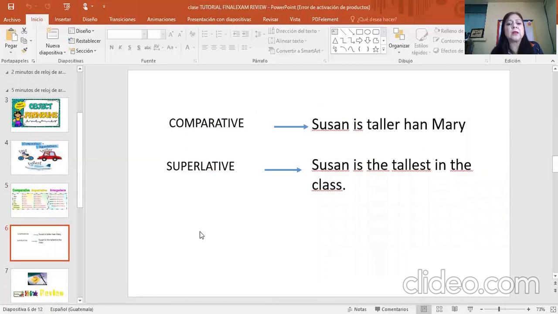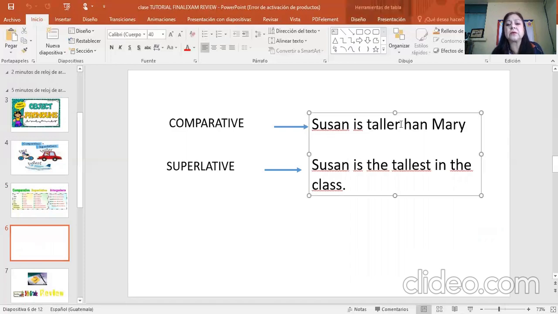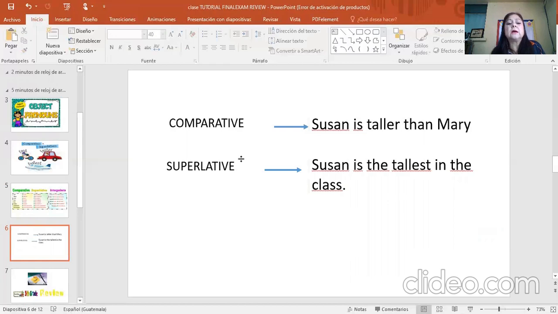I have here two more examples. Comparative, in this case, we can say, for example, Susan is taller than Mary. So we have Susan, the verb is, and taller is the comparative adjective, the comparison, than Mary.